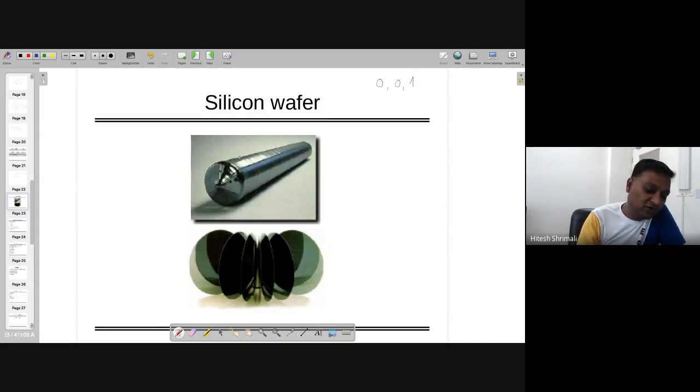Thereafter you make the cuts, and each one of them looks like this, and each one of them is known as a wafer. The diameter of such silicon wafers is 6-inch and 8-inch. There are many others also, and this is not kind of standard, but this is what we are following till date, and it can change also. This is what people are using.